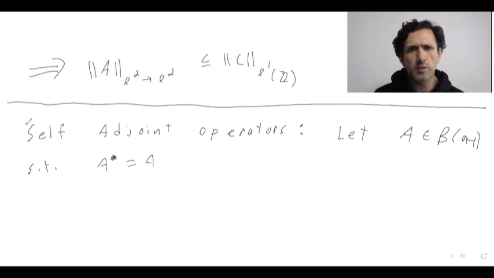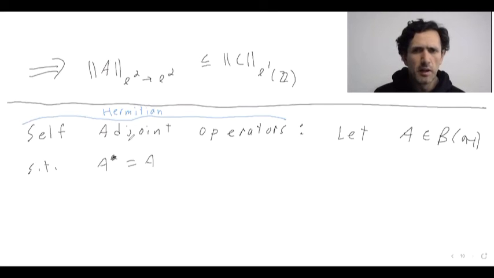A lot of times we'll say it's Hermitian, in particular when we're dealing with a complex Hilbert space. Right, so we have the following easy proposition, which you probably proved in linear algebra. I'll leave this as an easy homework.